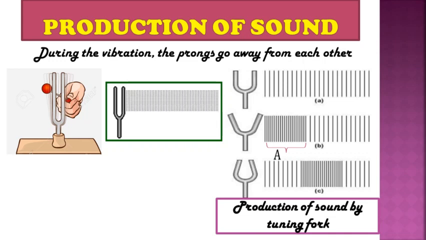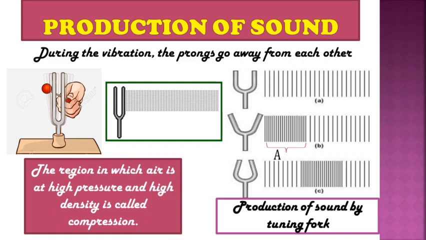The region in which air is at high pressure and high density is called a compression. What is density? Density means how compactly the molecules are arranged in that particular area. The area in which the air is at high pressure and high density is called a compression.